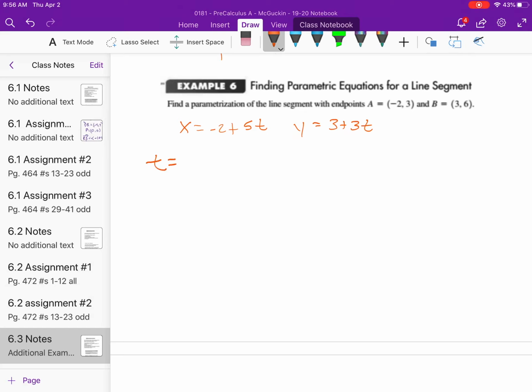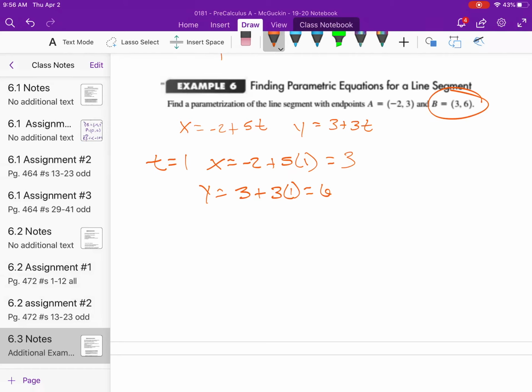If you let t equal 1, you are going to end up producing this point B. If you substitute 1 in, you end up getting that x equals positive 3. You substitute 1 into our y, and you get that our y value is a positive 6. And so you get that actual domain of it.